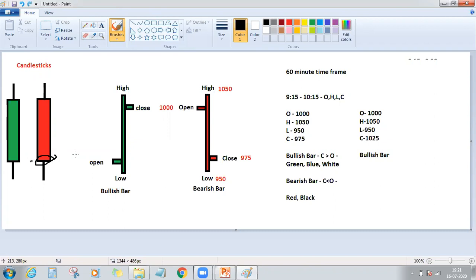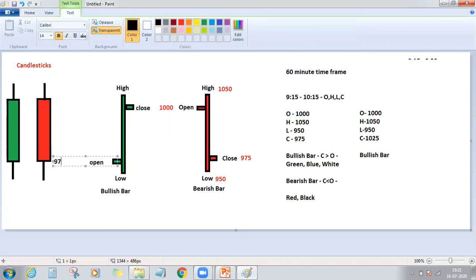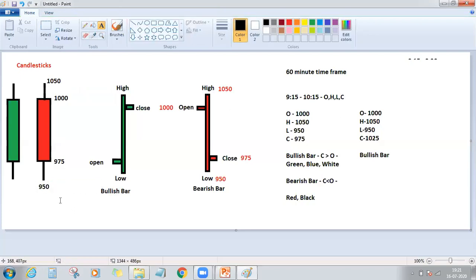There is no issue. So this whole horizontal line at the bottom now represents your closing price. So here the closing price is 975 and the opening price was 1000. The highest price achieved is 1050 and the lowest price is 950. This becomes your bearish candlestick now.